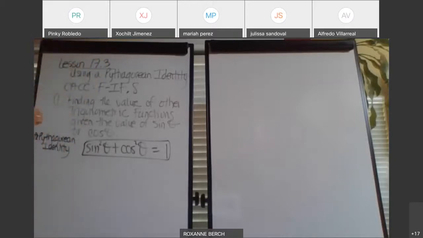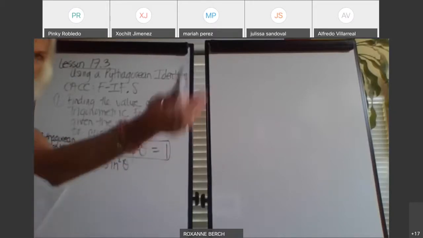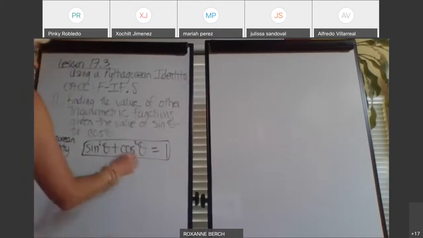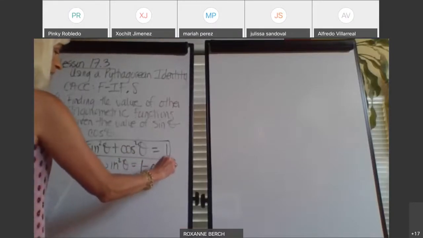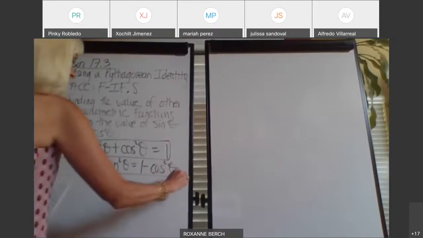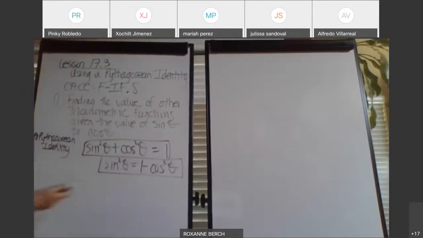You don't need to know this right now, but I'm just going to show you. In trigonometry, pre-calc, if you solve for sine squared, you can write another formula. If you subtract cosine squared, you get 1 minus cosine squared theta. And students use this a lot in trigonometry in the proofs that we do.